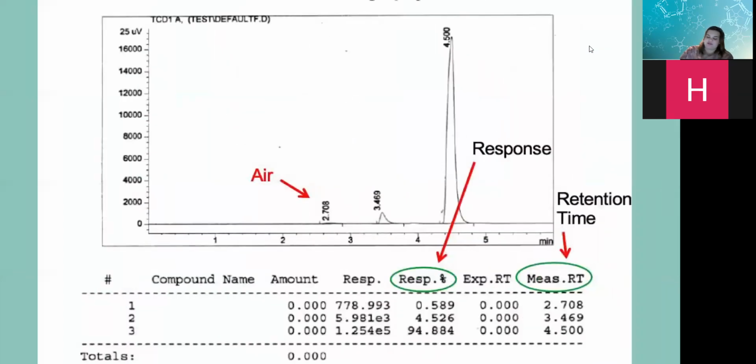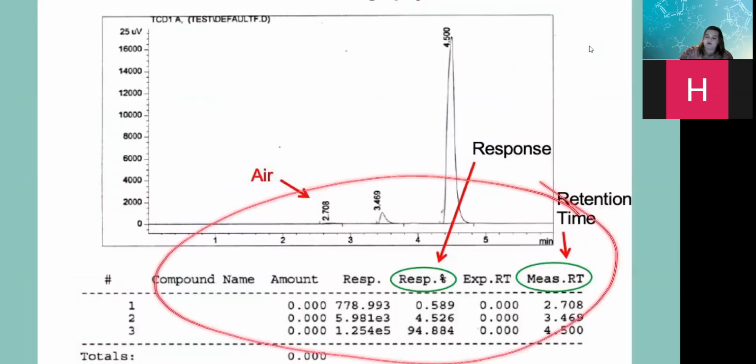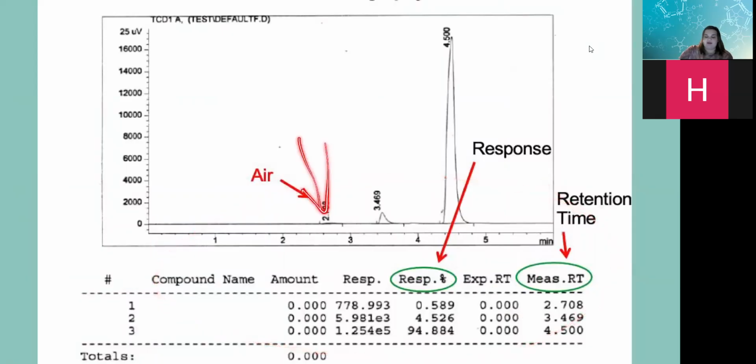So this is what your GC might have looked like. Here we can see that we have some air. This is response, and this is retention time. The response is what determines your purity. So here, this student had 95-ish% purity, and this was their ester. This is what a GC looks like.